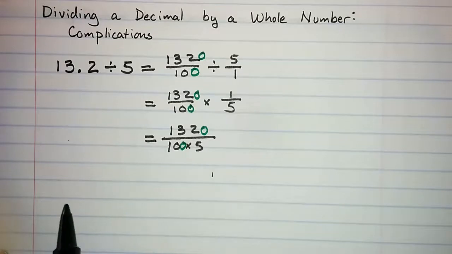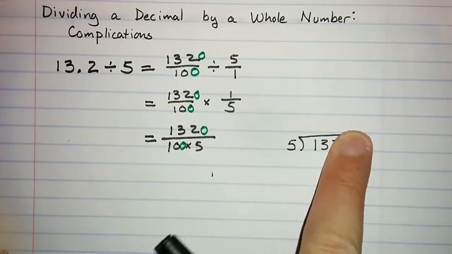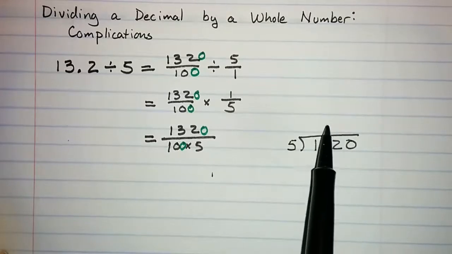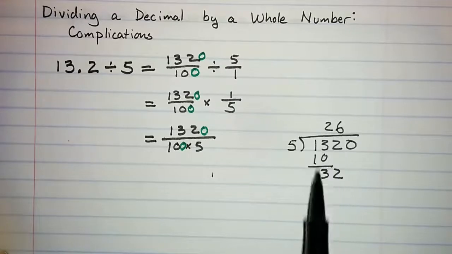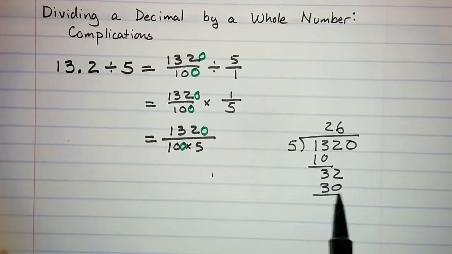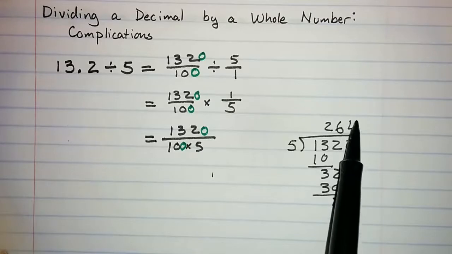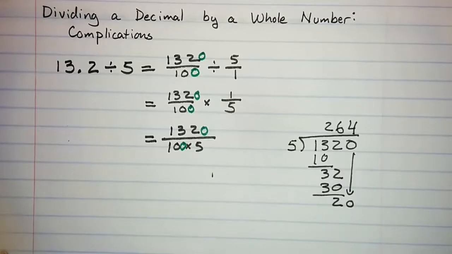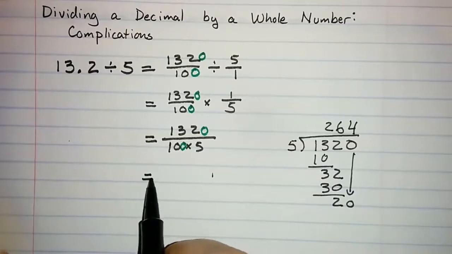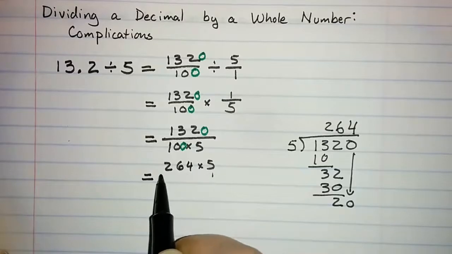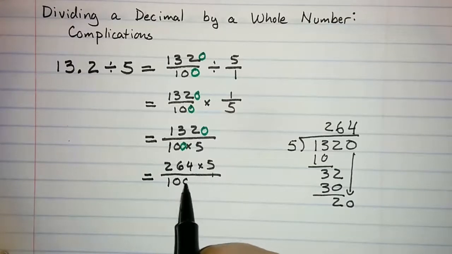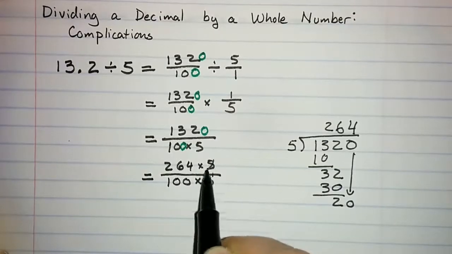And in fact, we can divide 5 into 1,320. 5 goes into 13 twice. 5 goes into 32 6 times. 5 goes into 20 4 times. So 1,320 is 264 times 5 over 100 times 5.